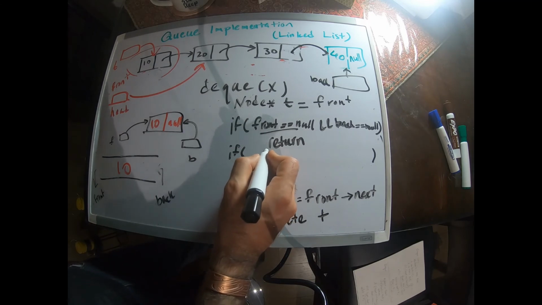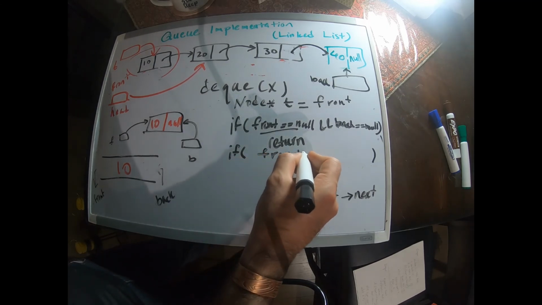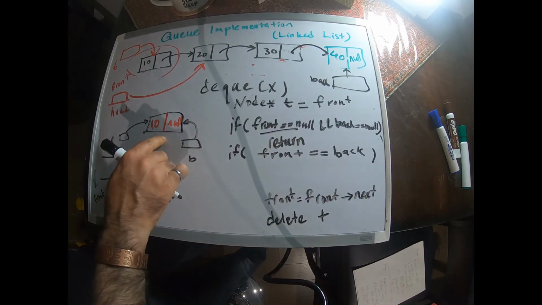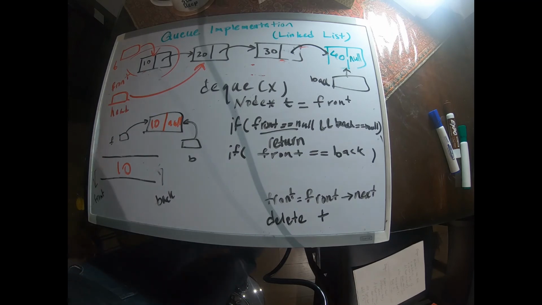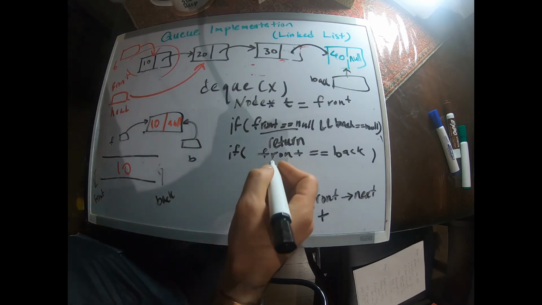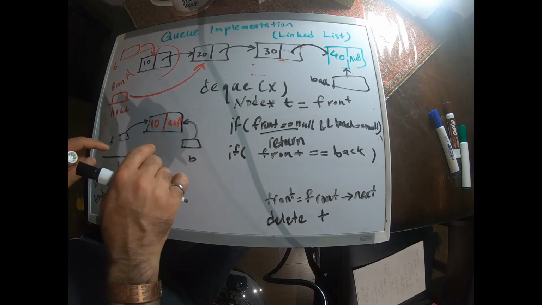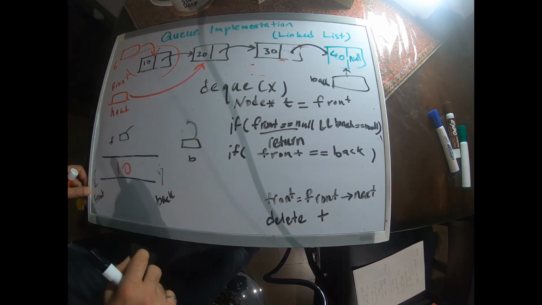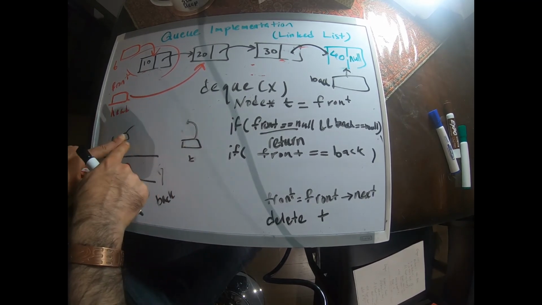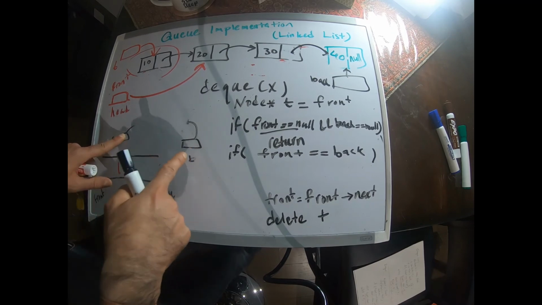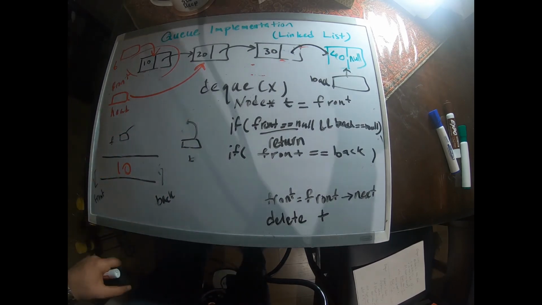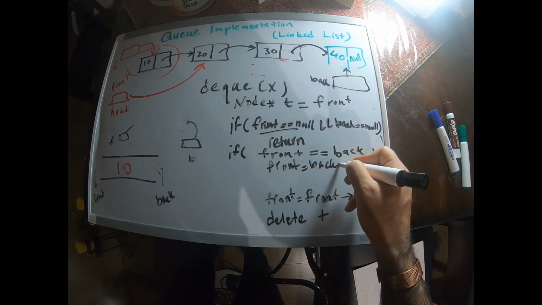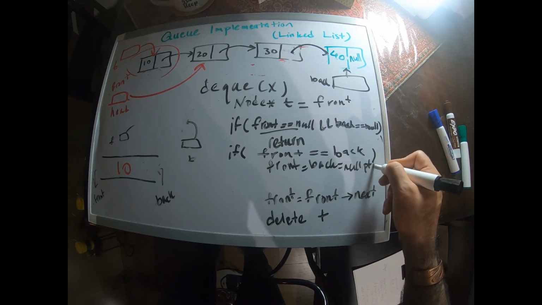So if front and back are both pointing to the same node, it means that this is the last data that we want to dequeue. In that case, what's going to happen if we dequeue this? The queue becomes empty. So we have to change the value of both front and back to what? To null. I'm just going to write null pointer this time.